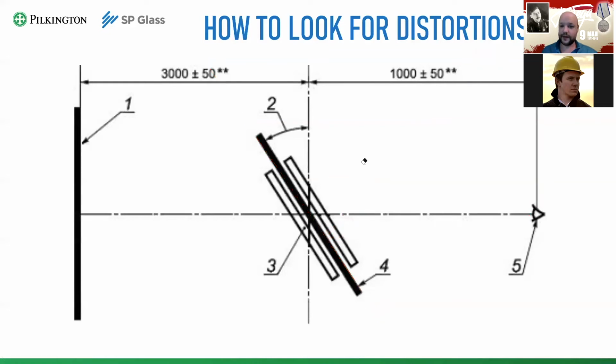So in this case, you have to look for the distortions from inside the building. The standard indicates that if you want to look for distortions, your sun should be here, and you have to look for distortions on the facade in the transmitted light.